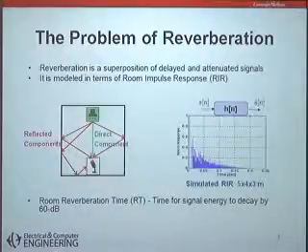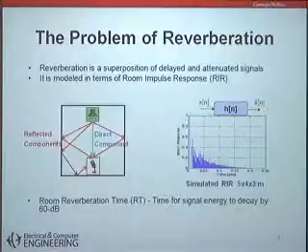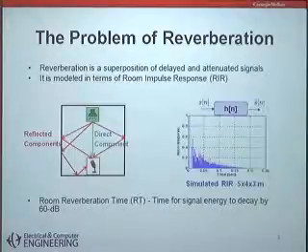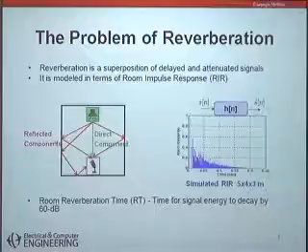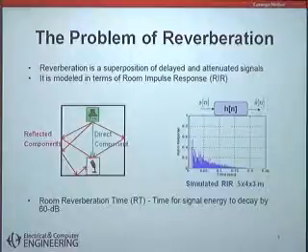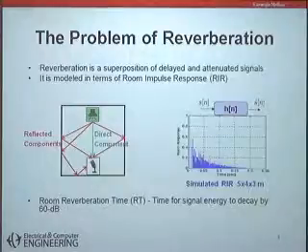Over a period of time, we can model this as a linear filter with a room impulse response, and reverberation is characterized by a parameter called room reverberation time. It is the time taken for the signal power to decay by 60 decibels. If the reverberation time is higher in a room, then the echoes are going to persist for a longer duration of time, and they will lead to greater self interference with the original signal.